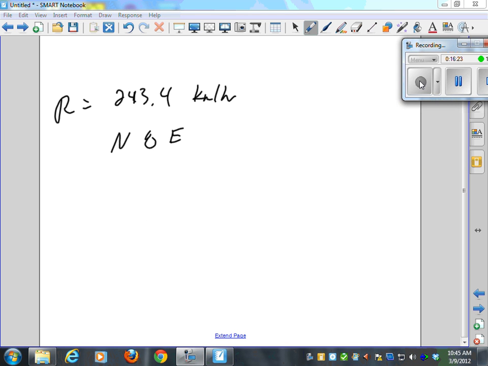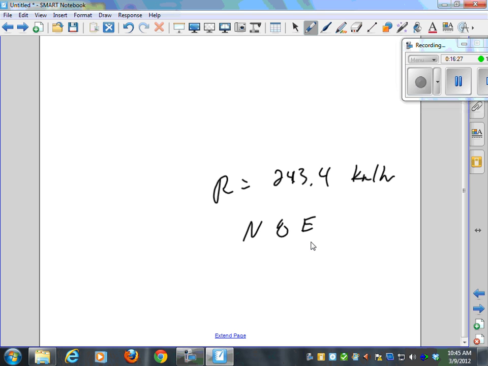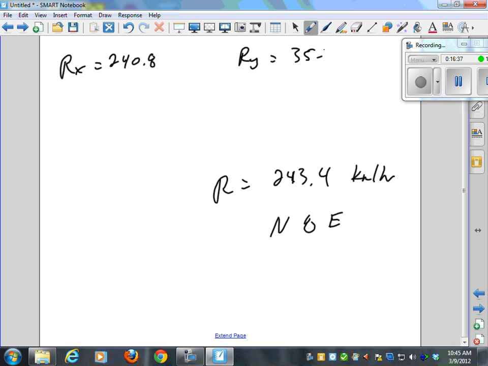We've got a resultant x of 240.8 and a resultant y of 35.3, right? They're both positive. So it doesn't matter whether you go like this or like that, this is your resultant.